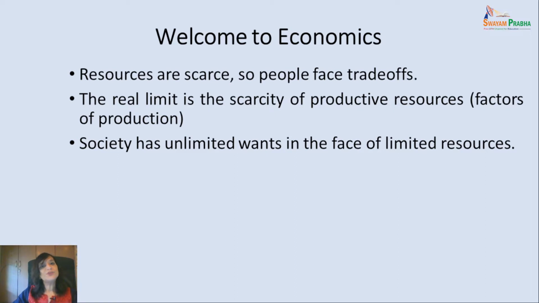We achieve something, we consume something, later on we want another thing, or maybe we want more of the same thing. By our basic human nature, our wants are unlimited. After achieving one goal, we wish to achieve another goal. Our resources are limited, but what we see is that the wants are unlimited.